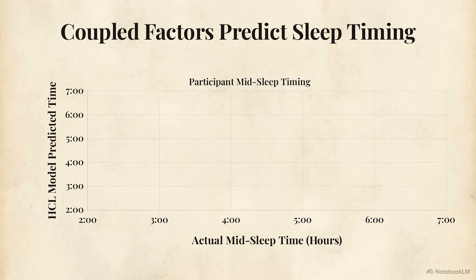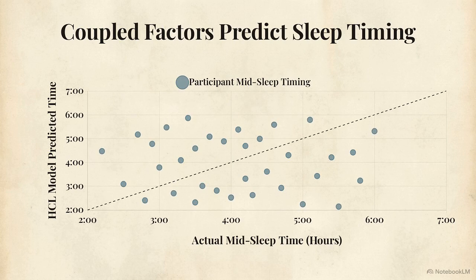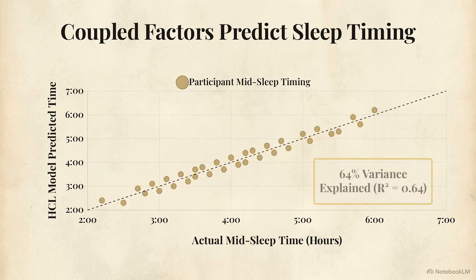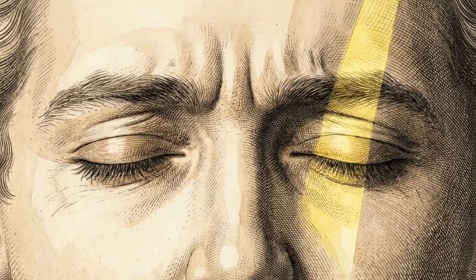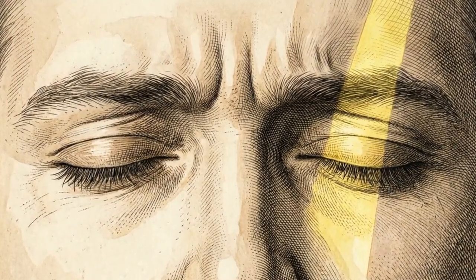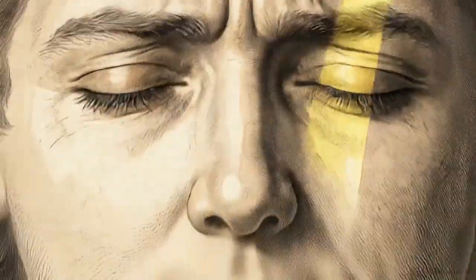This scatter plot shows what happens when the data runs through the coupled general linear HCL model. By combining the intrinsic period and the phase-dependent light metric, the explained variance jumps to 64%. Precise mathematical coupling of intrinsic physiology and environmental light timing is the absolute minimum requirement to solve the variance we see in human sleep phenotypes.